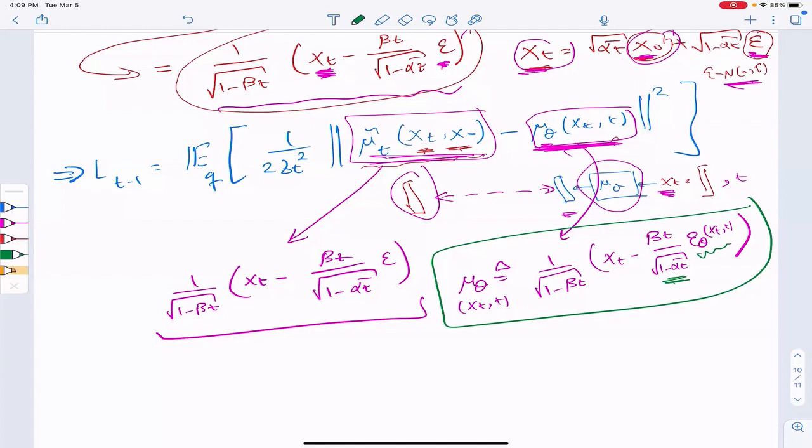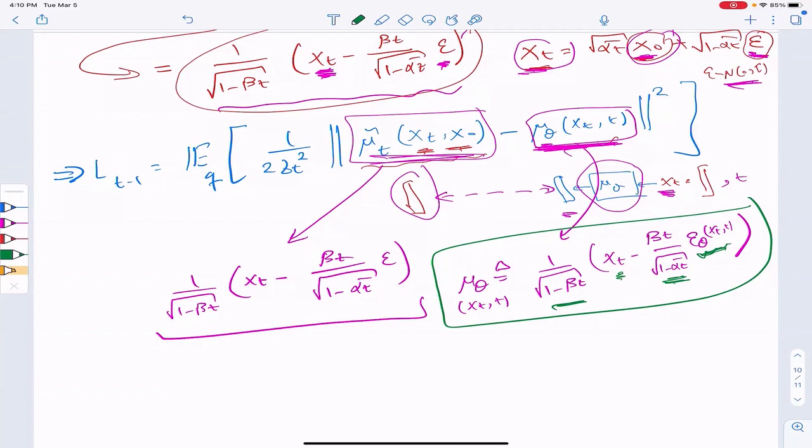It's my choice, and I'm going to subtract it from xt. Again, xt is a constant, and I'm going to multiply the whole thing with another magic constant. It doesn't really change the complexity of your neural network. Right? You have another neural network, and you are doing a linear transformation of it with some magic constants here and there.